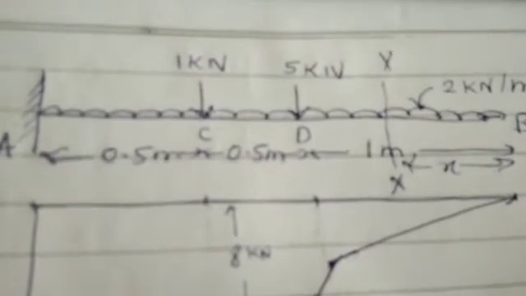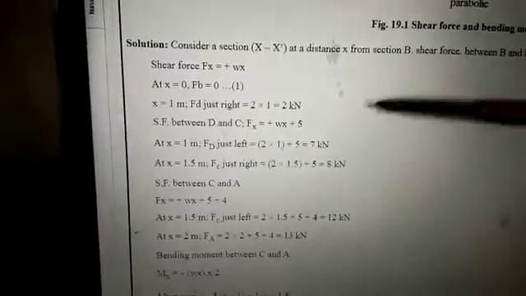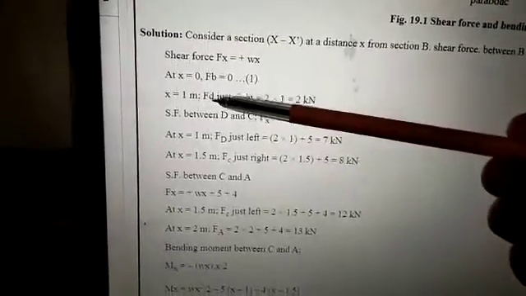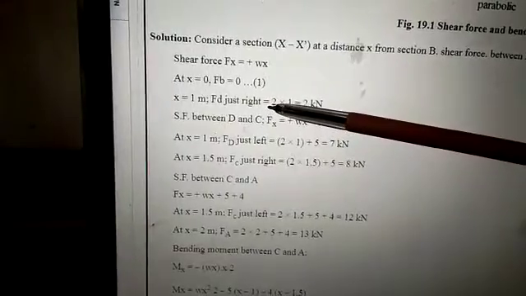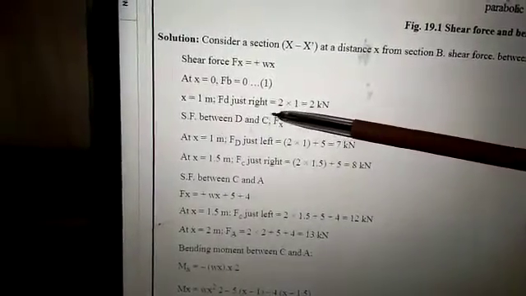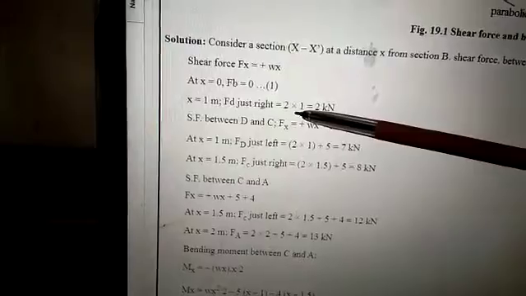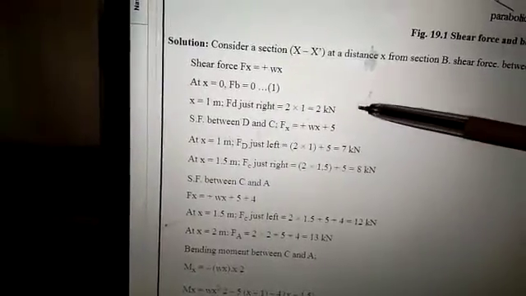So in the figure it is clearly visible that point D is at a 1 meter distance from B. So now we will find FD, just right of D. Our shear force will be 2 into 1, that is 2 kN.